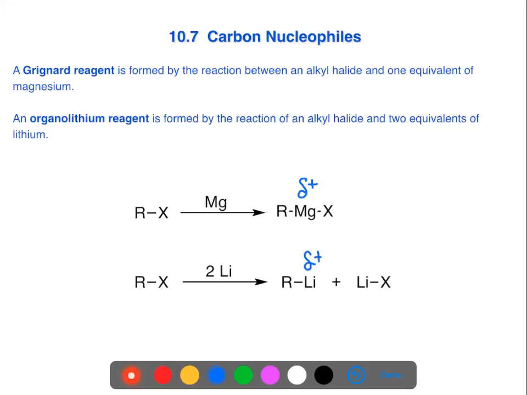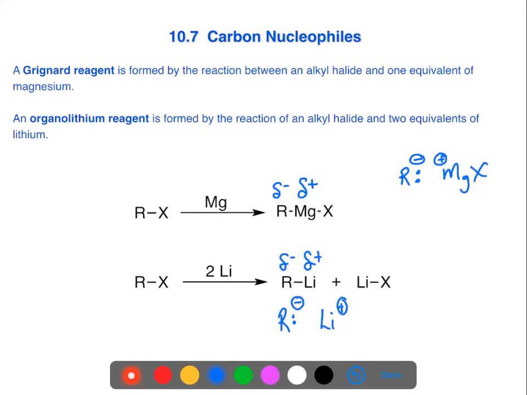And so although we will draw partial minus charges on the carbon that's interacting with magnesium and lithium, for the most part, we often will consider the R group as a carbanion and your MgX as a counterion or cation. Similarly with the organolithiums, again, we often will treat these pretty much as though they are carbanions. And that's due to the highly polar nature of the bond between them.